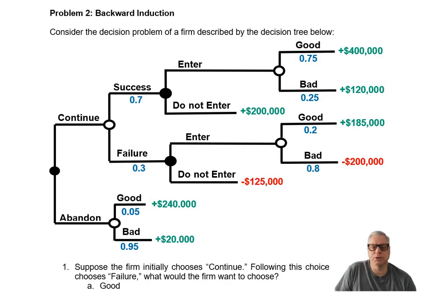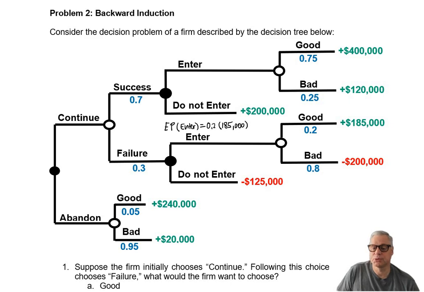Now what we need to do is evaluate the expected payoff if we enter. We can write it as the expected payoff of enter, and that is of course a profit of 185,000 with a probability of 0.2. So we would write 0.2 times 185,000.